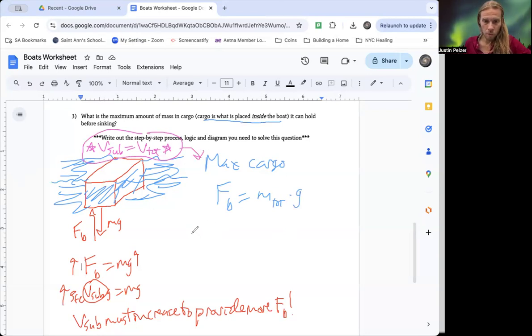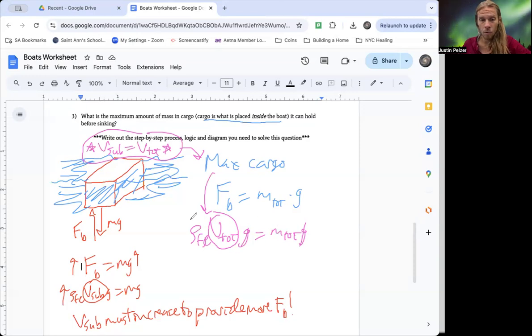So I have rho fluid, V submerged, which is V total. This is only for the max cargo calculation, equals M total G. G cancels, and I get the mass of the displaced fluid is the total mass. The mass of displaced fluid, of course, is 16 liters, which is 16 kilograms. So I get max cargo equals 16 kilograms.